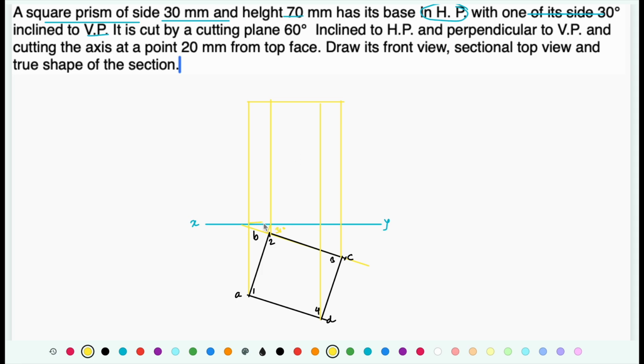Okay, so let's say this is a base. What is the nomenclature? Let's say this is A dash, B dash, C dash, D dash, 1 dash, 2 dash, 3 dash and 4 dash.